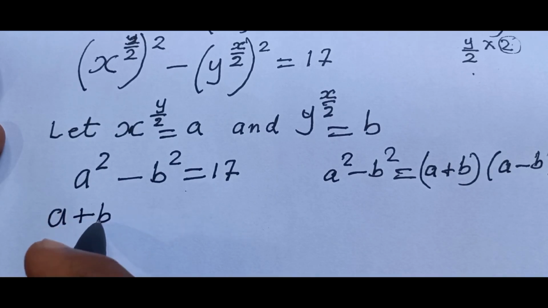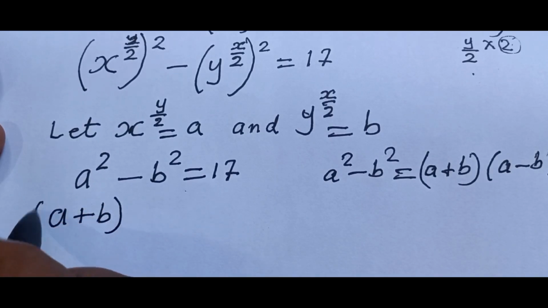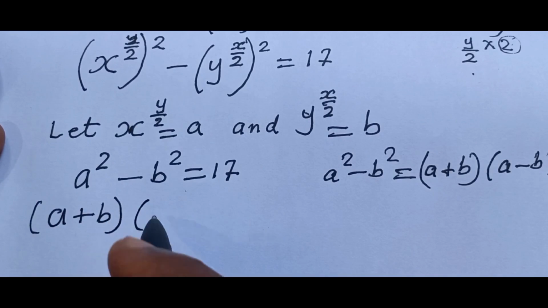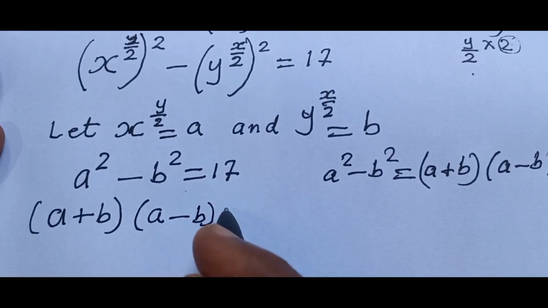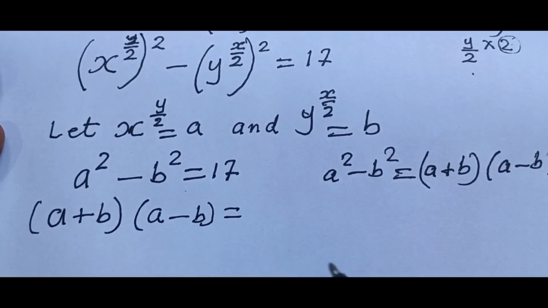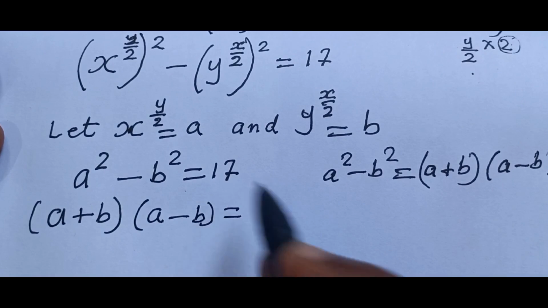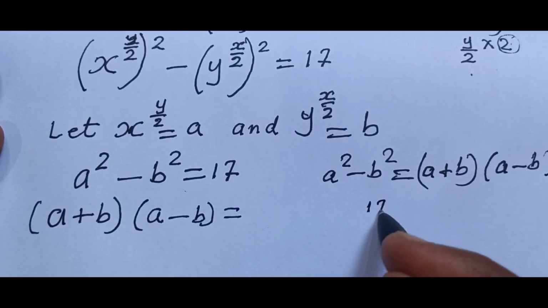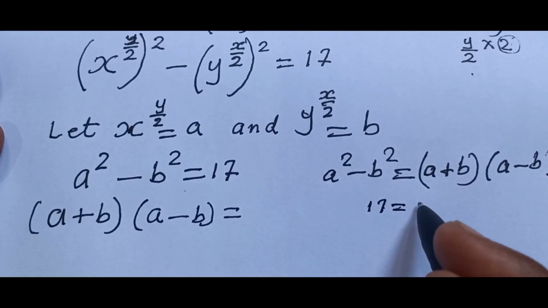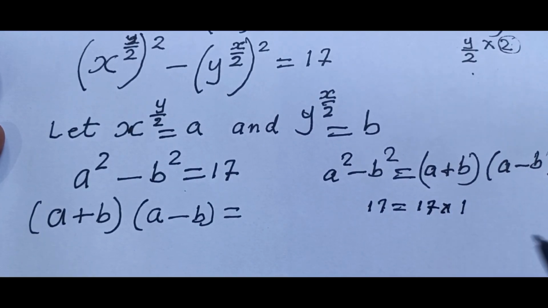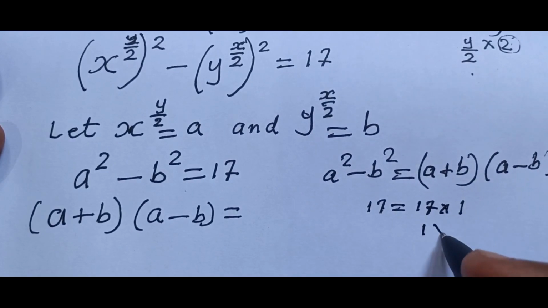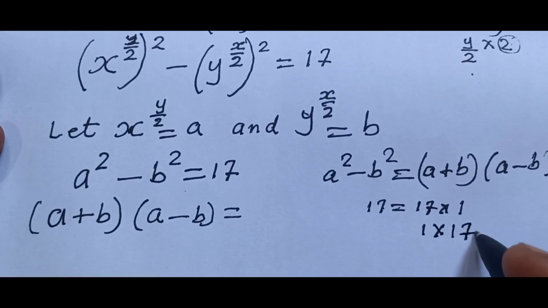Taking the positive factors of 17, 17 equals to 17 times 1 and 1 times 17.